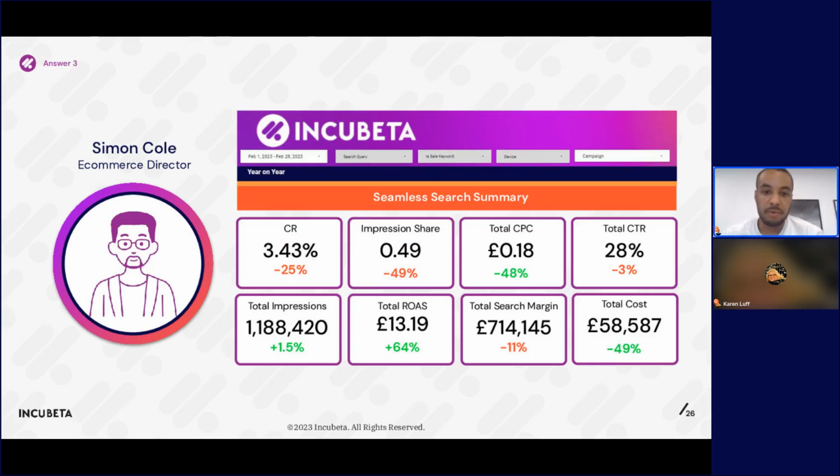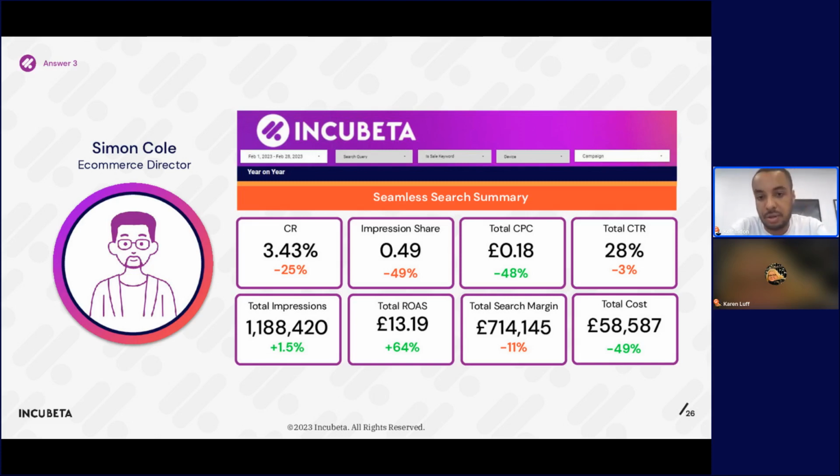we did push things a little bit more, so the cost has risen by about 50%, meaning that the CPCs were going to rise. But this was not at the expense of anything. So the click-through rate was down ever so slightly, but this did mean that the ROAS was up, and the conversion rate dropped slightly as well.